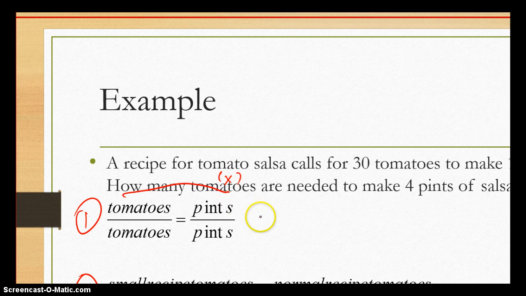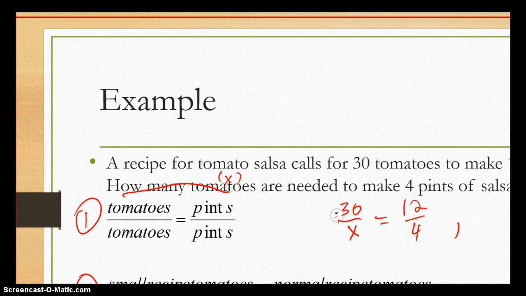So one way you can write this is what I have here. Let's talk about number 1 first. Tomatoes over tomatoes. We know that we have 30 tomatoes, and on the second one, we don't have the number yet, so we're going to leave that as x. And then we can do pints over pints, so we have 12 over 4. When we solve this, cross multiplication, right?